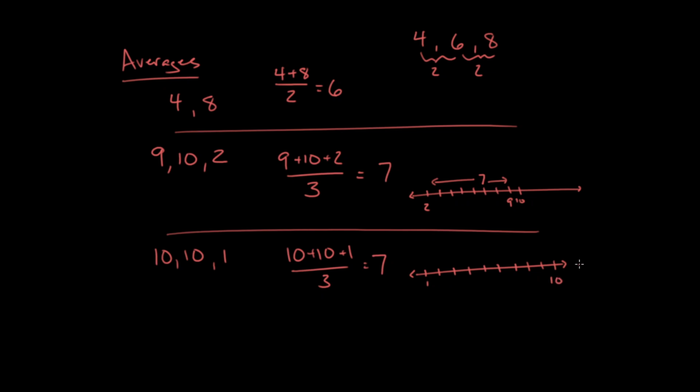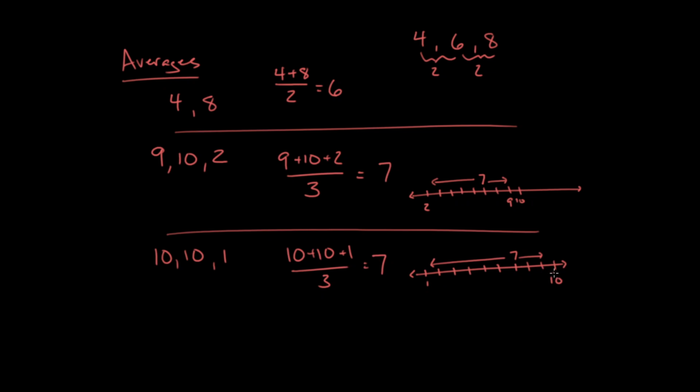This time, 7, which is right here, is 3 units away from 10, but it is 6 units away from 1. So this is actually really interesting. I have two 10s that I'm averaging here, and then just one 1. I have twice as many 10s as I do 1s in this case.